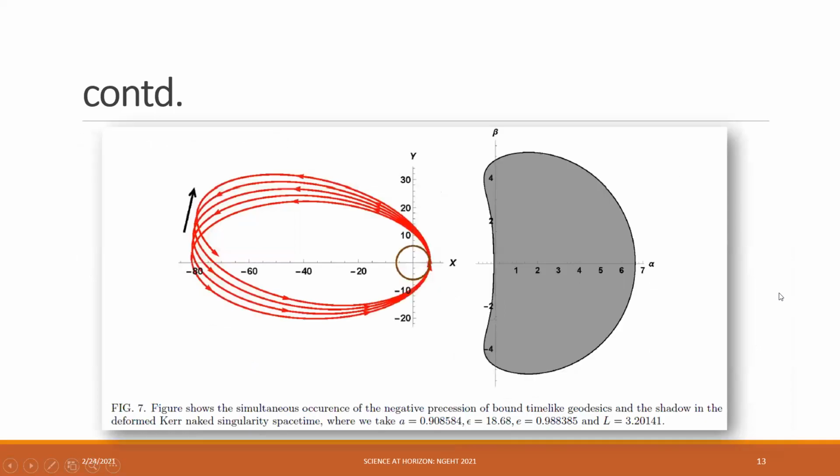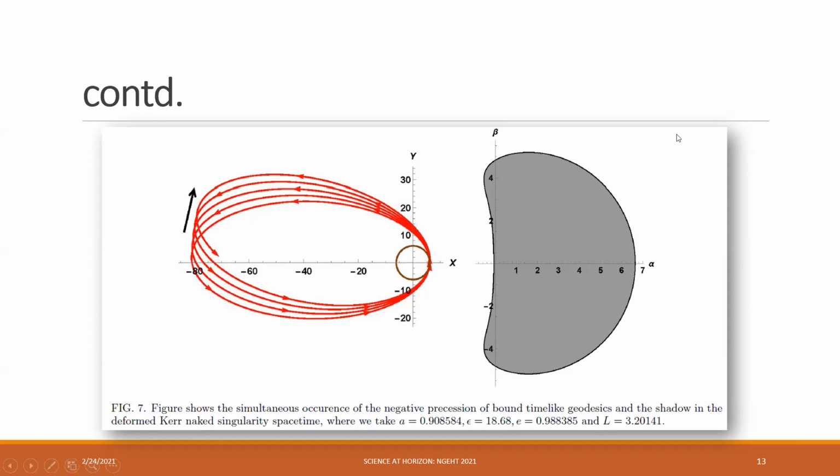A lot of literature suggests that simultaneous occurrence of negative precision and shadow is not allowed. But this is one of the examples which suggests simultaneous occurrence of negative precision as well as shadow formation for these particular parameters.